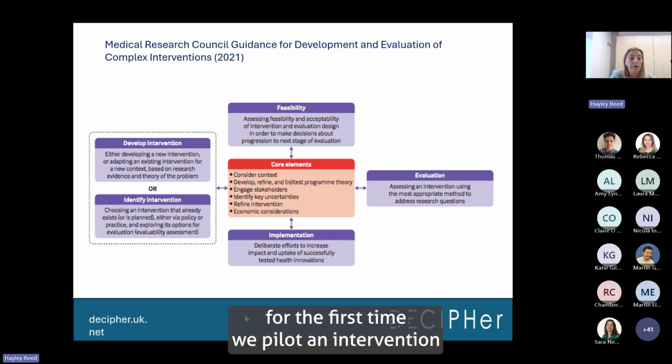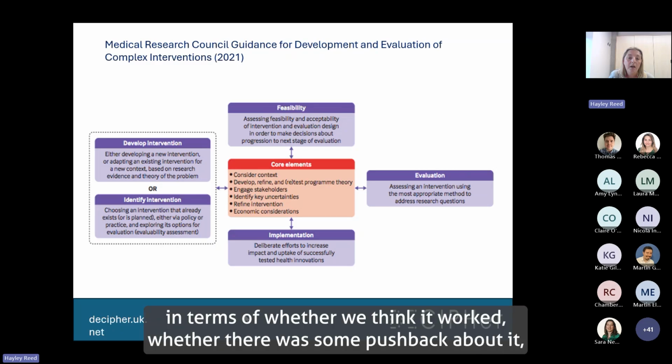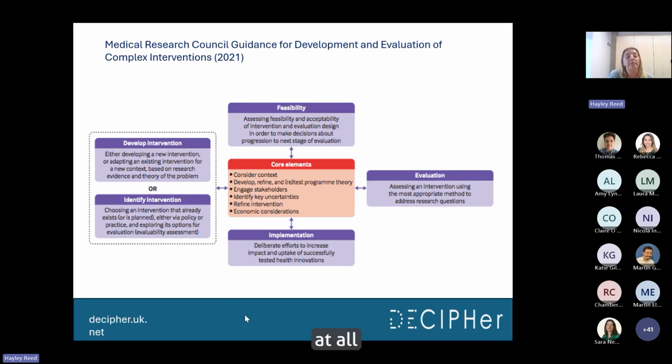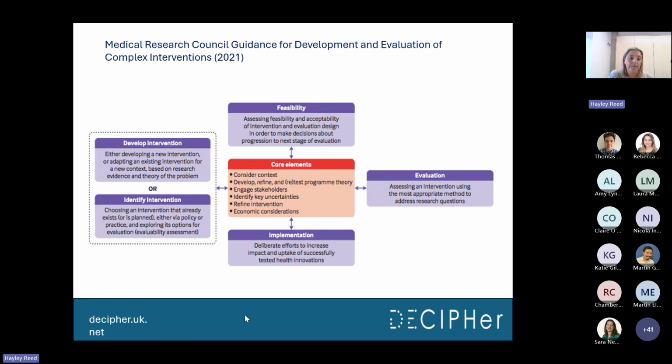Feasibility testing, so the first time we pilot an intervention, where we put it into a system, we record and understand what's happened in terms of whether we think it worked, whether there was some pushback about it, whether we need to change the intervention at all. And then evaluation and implementation.